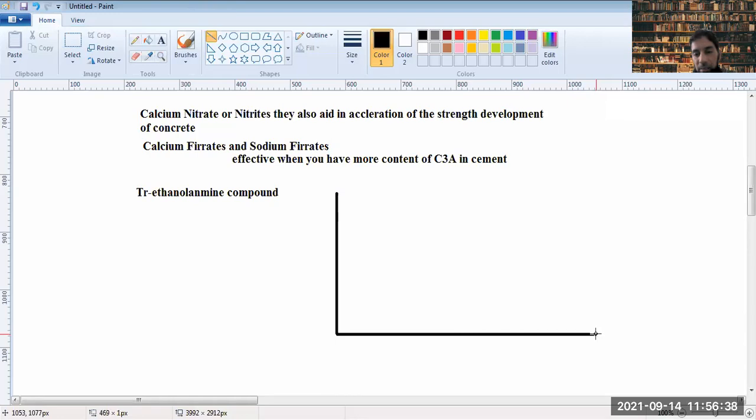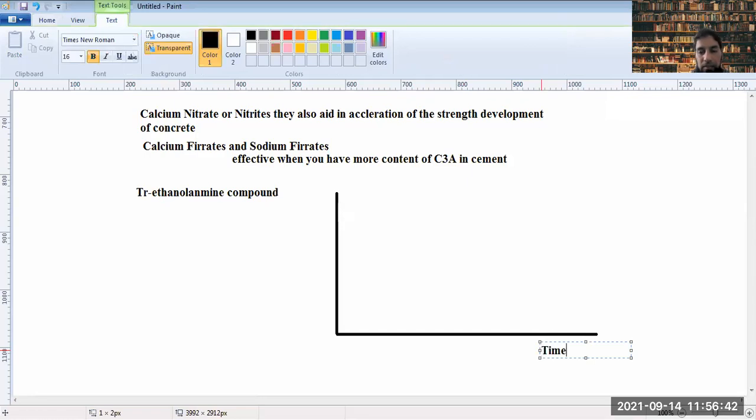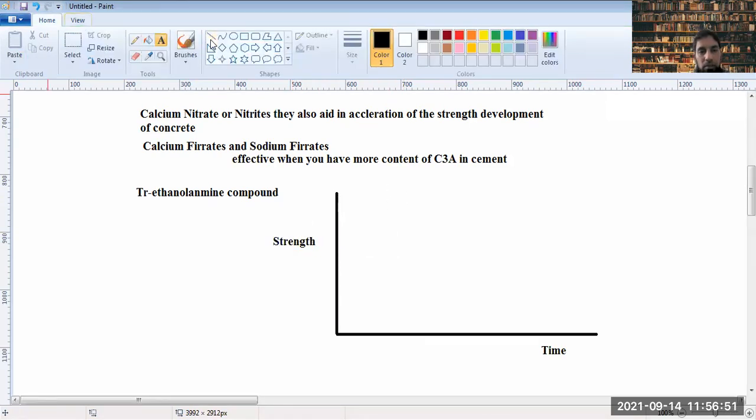That is, the process would be like this. If this is time, and if this is strength, the process would be like this. If this was without accelerating admixture, this would be with accelerating admixture.